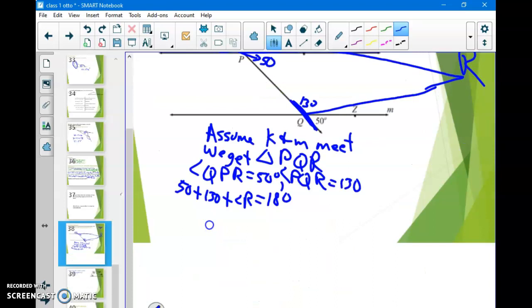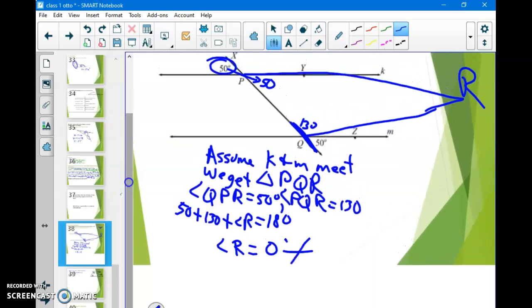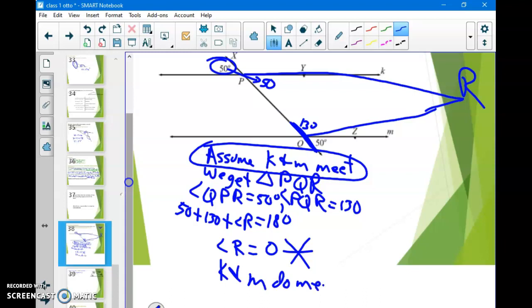And we know that angle R then has to equal 0. Well, if we have an angle that's equal to 0, it's not really a triangle. So you can't have an angle that is 0. So therefore, we have a contradiction to our original statement that K and M meet each other. So we have to say that K and M, those lines, don't meet, which would mean that they are parallel.